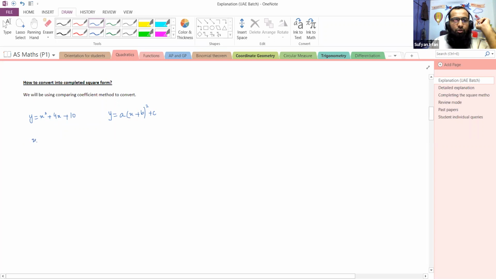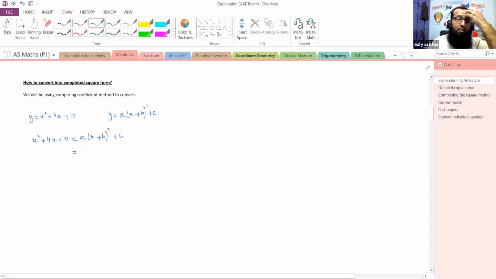So now what I'm going to do is write x square plus 4x plus 10 equals a(x plus b) whole square plus c: the expression that needs to be converted on the left side, the form in which we have to convert on the right side, equating both together, then expanding the one on the right side.